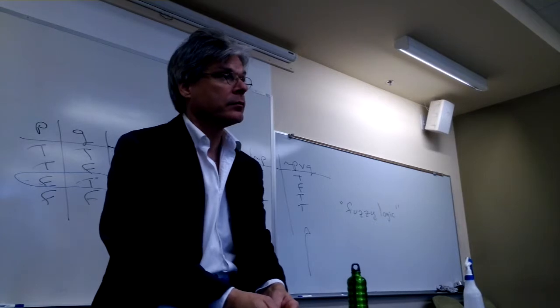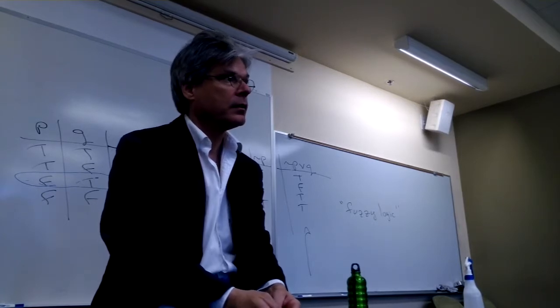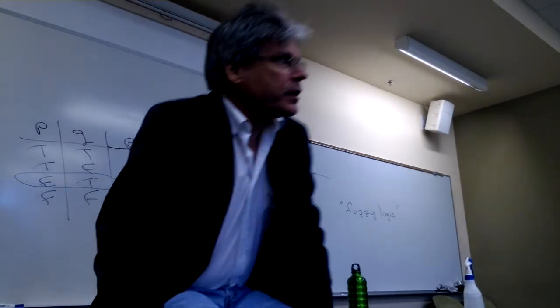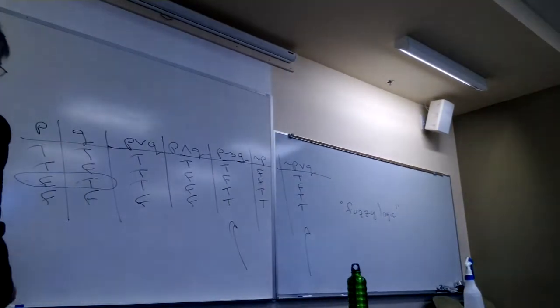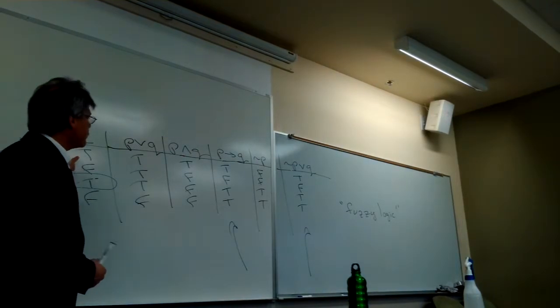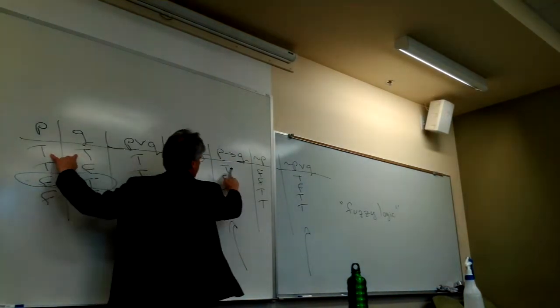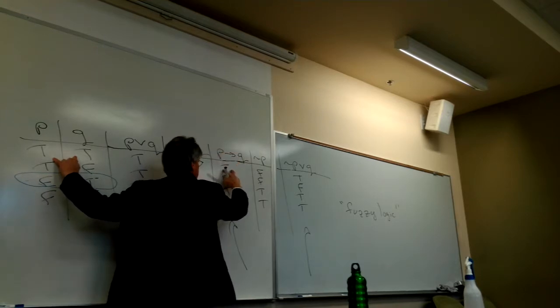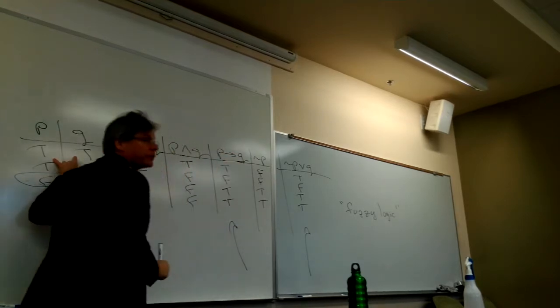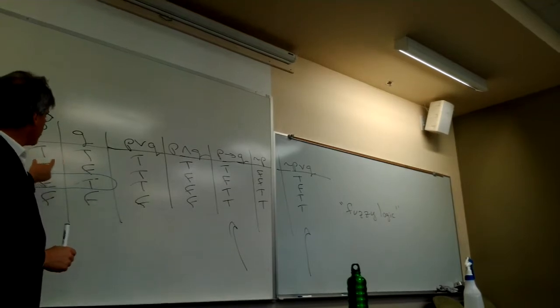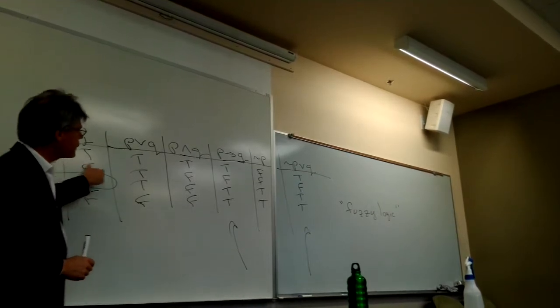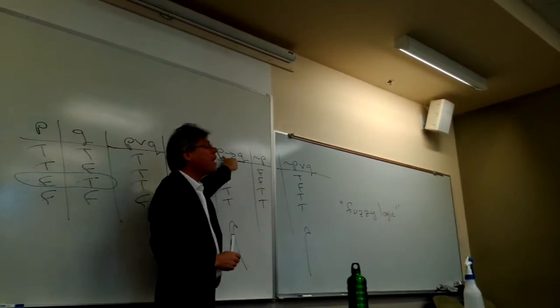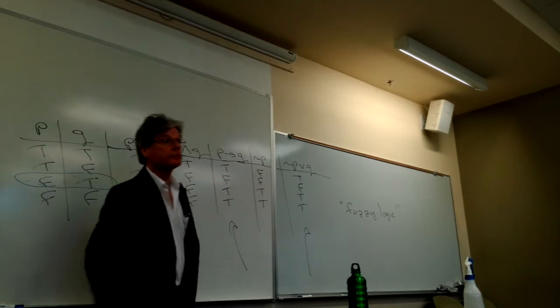So if the premise is true, then no matter what, the conclusion is true? Quite the contrary. This assignment from P and Q says that P is true and Q is true, and if that's the case, then we will assign a truth value of true for the conditional statement. It's only when the premise is true and the conclusion is false will we consider this particular compound statement to be false.